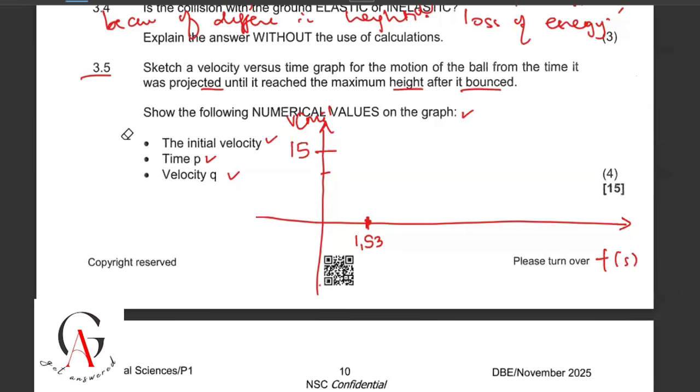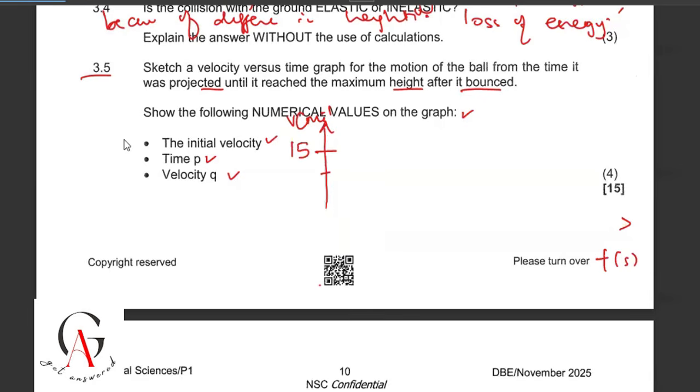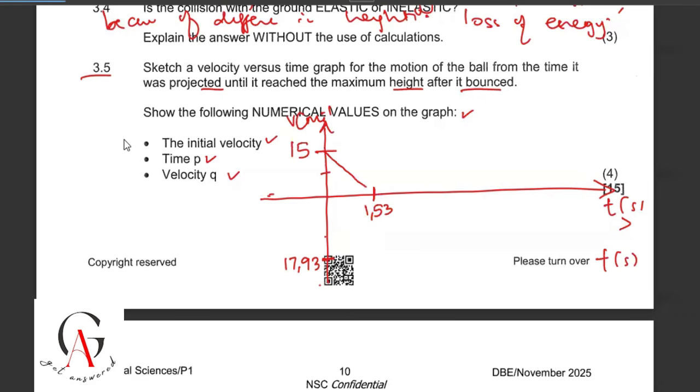Oops, this graph is going to be otherwise. Let me have it just like that, time in seconds. So that's 15. Then I'm going to have somewhere there to be 17.93. So if this is 1.53, then I'll have a line drawn up to this time, which is 3.36. And then we have this velocity here, which is negative.